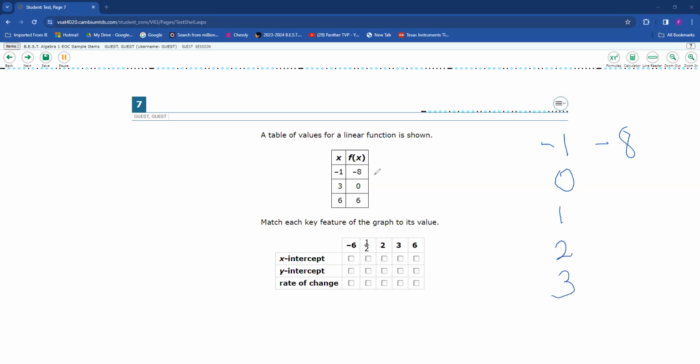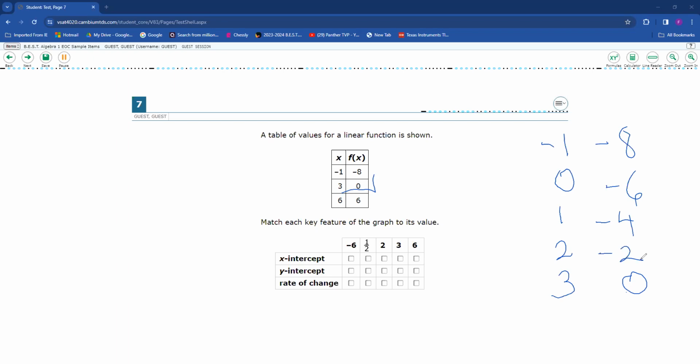And I notice that 3, 0 is here. So how many spaces between -8 and 0? We need to go by 2, going up, so -6, -4, -2, and 3, 0.